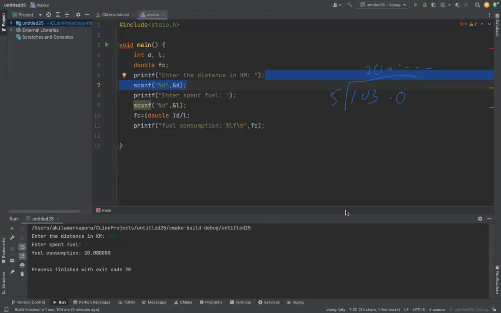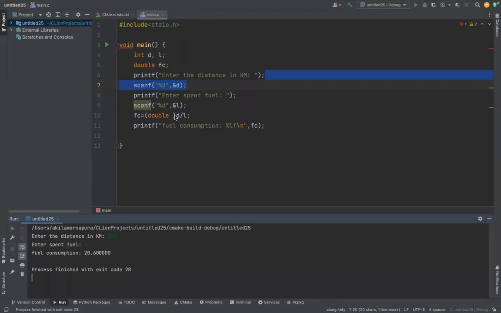Because now it is floating point division. So now you can get the answer. If you run this program, the question asks 103 for the distance and divide by 5. Now you can see 20.6 is the consumption.